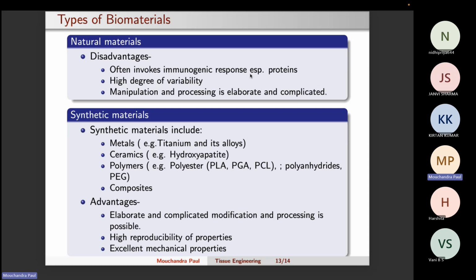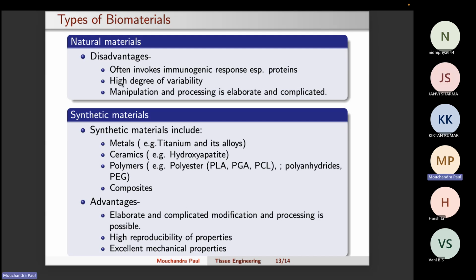Between a protein from a rat and a protein from a human, there will be minor differences in the structure of the collagen, and this difference is species specific. Because of this, it can invoke an immunogenic response in our body.